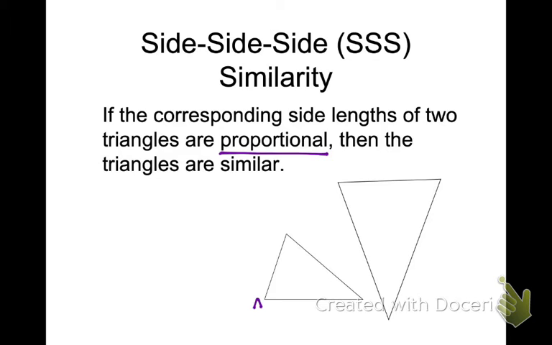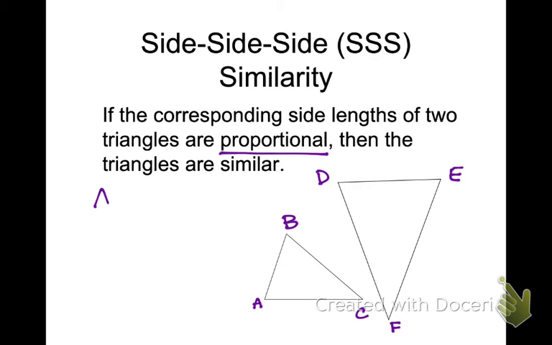So let's go ahead and label again ABC. And I'll make the other one DEF. So now I don't have sides congruent anymore. That was back in chapter 4. Now we're talking about similar. So now I need my sides to be proportional. So let's say AB looks like the shortest side over there.